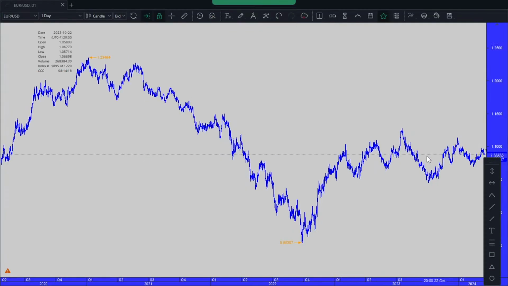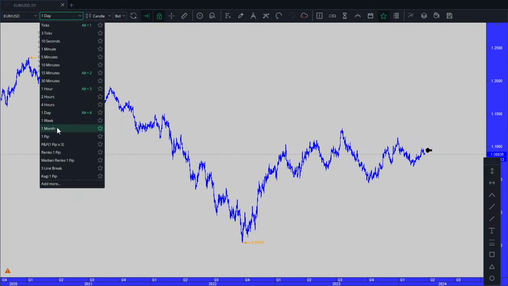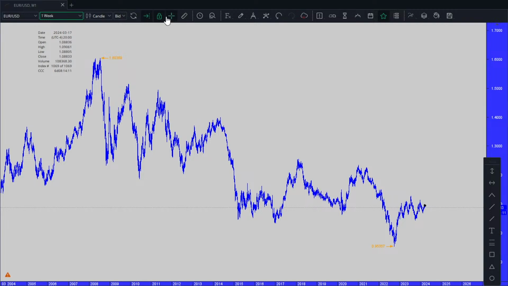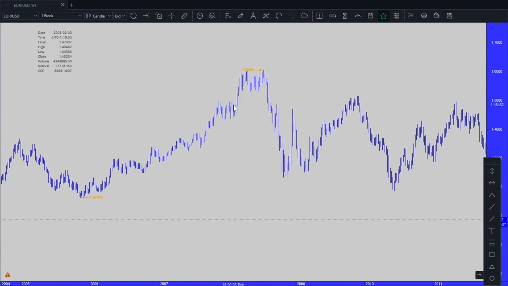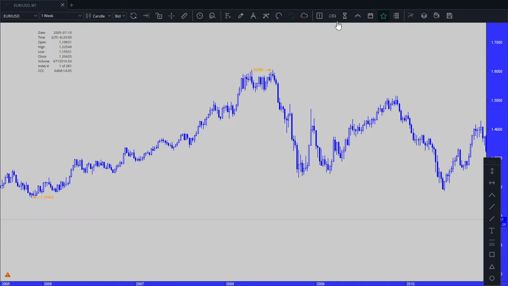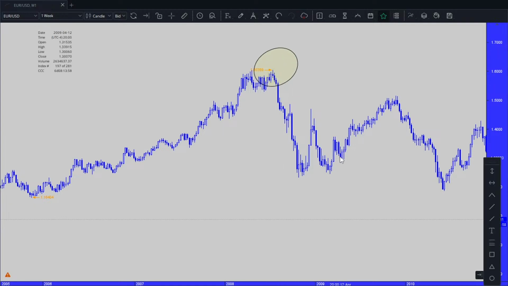Let's get out, and let's go on the weekly chart, and we're going to put a circle. All right, this is where you are going to start your daily Fibonacci's.